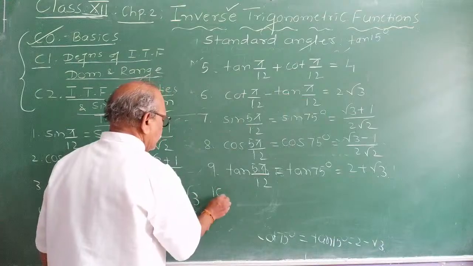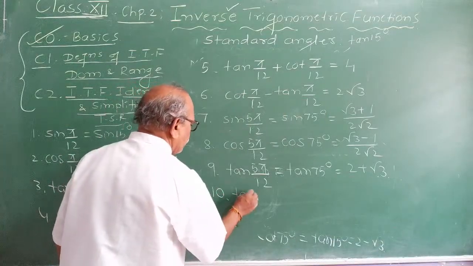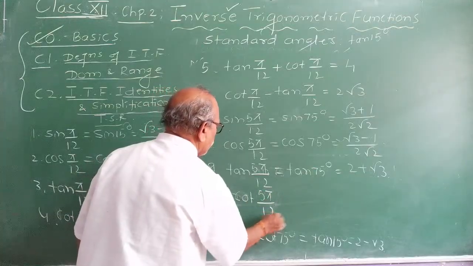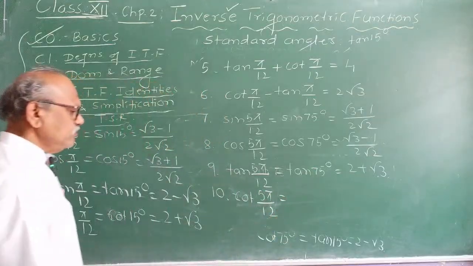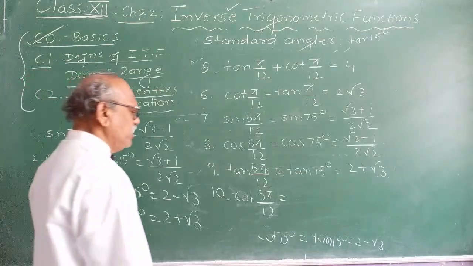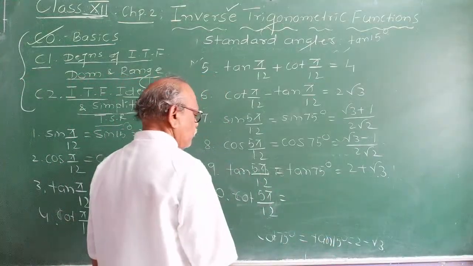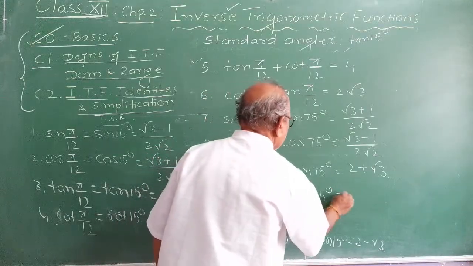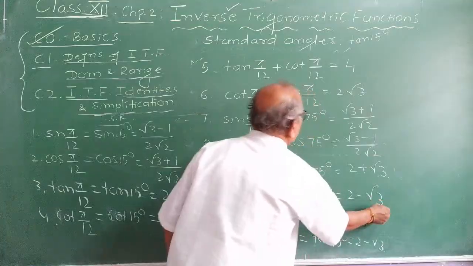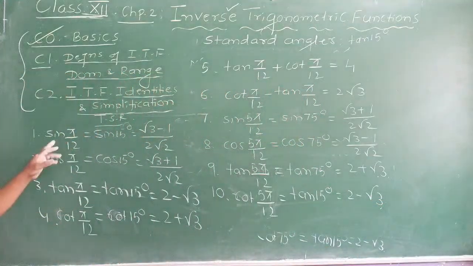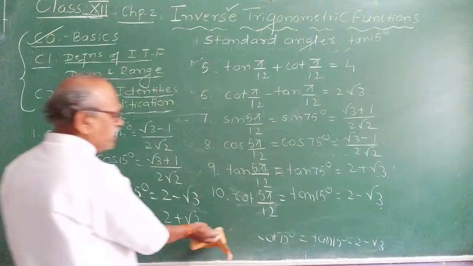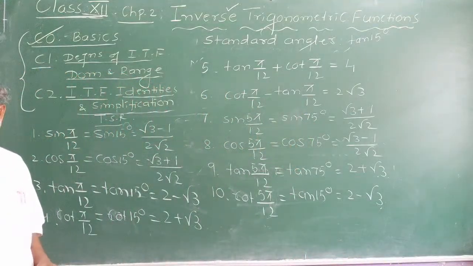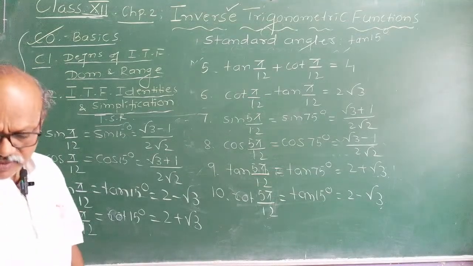Cot 5 pi by 12 is equal to tan 15 degree, which is 2 minus root 3. Observe how the standard angles are extended using the identities of trigonometry. Clear?